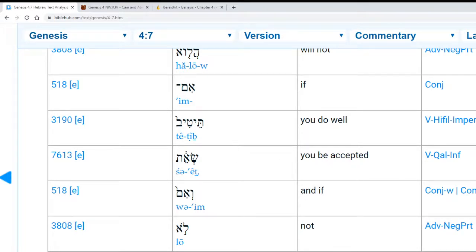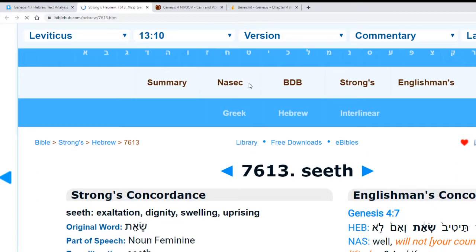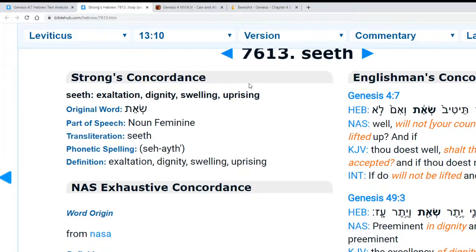So, shin aleph hey, I'm not actually very familiar with this word. And in the Hebrew itself, it seems so. Oh, actually, they're saying this is set. So this is a sin?